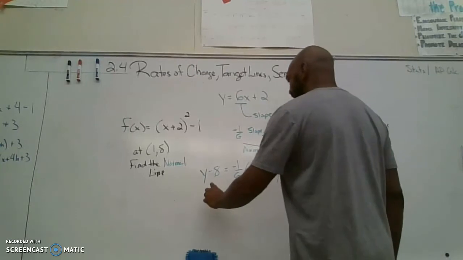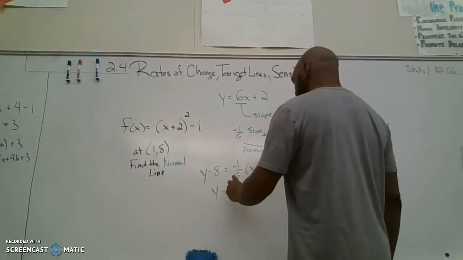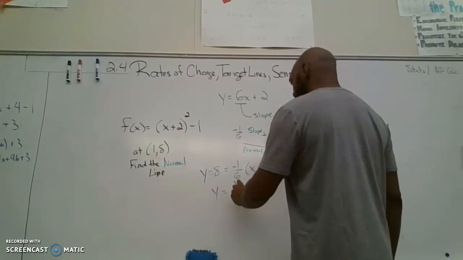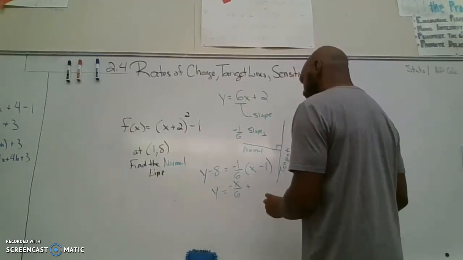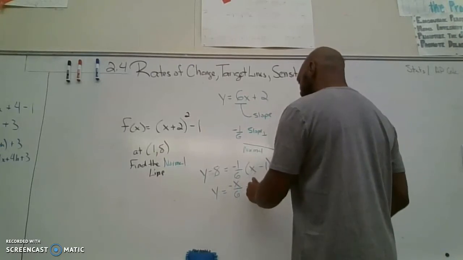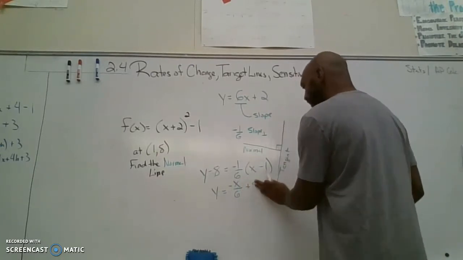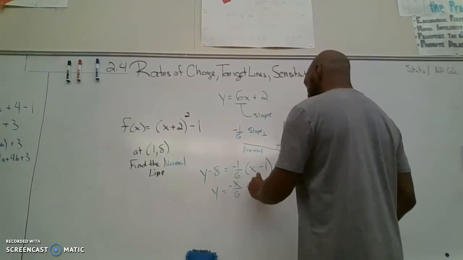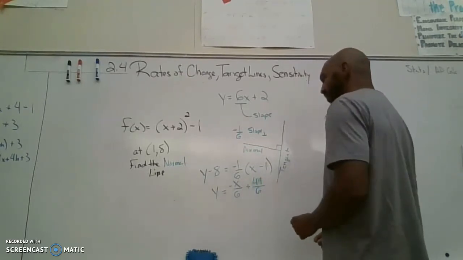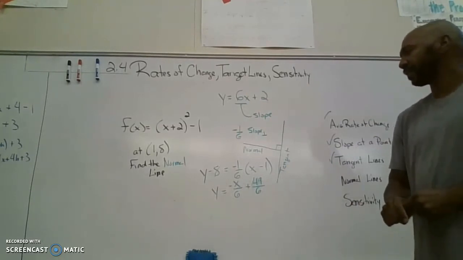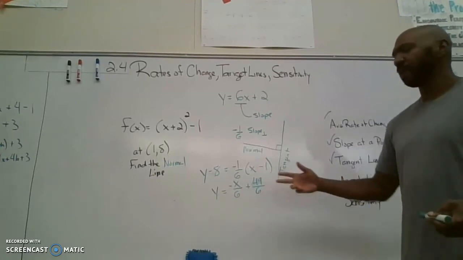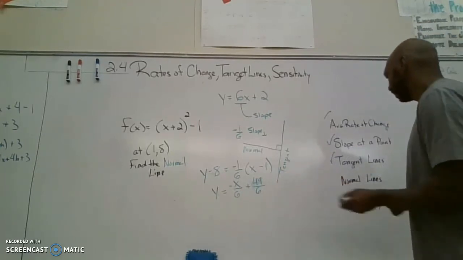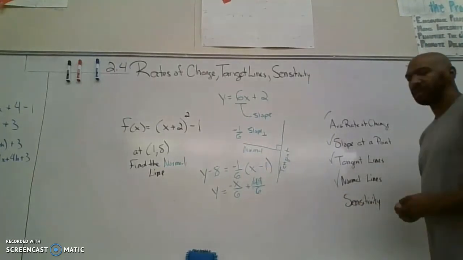And then I can finish this out. y equals negative x over 6 plus 8, so 49 over 6. Because 8 times 6 is 48, plus the 1 gives 49. Okay? I'm sorry, that's the slope of the normal. Done.